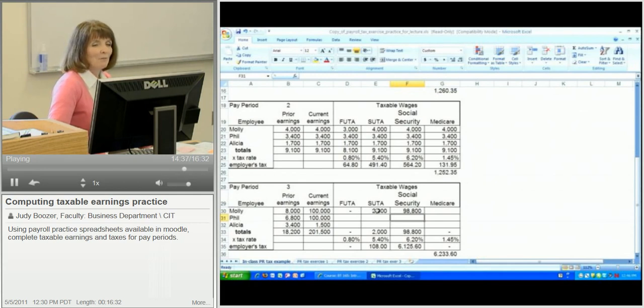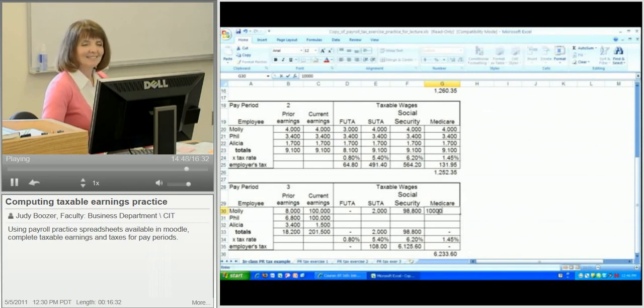So, for Medicare, what's the taxable wages? All of it. 100,000. Now, for Phil, how much for FUTA? 200, good. Because prior earnings were $6,800.